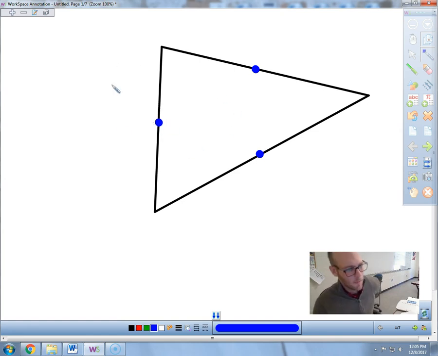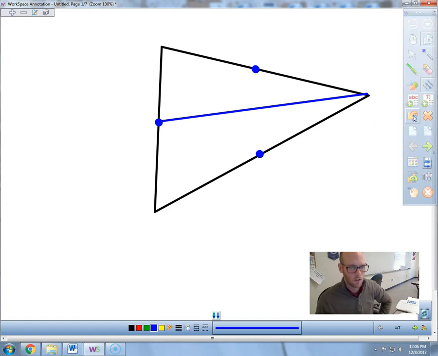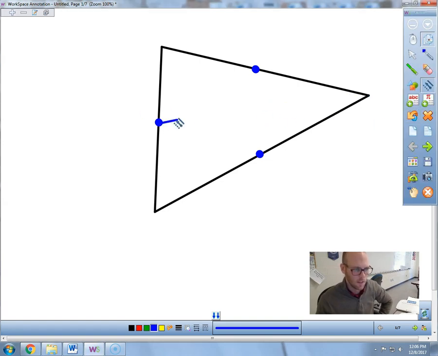So now that you have those markings, you're going to use your straight edge and draw a segment that goes from the midpoint to the opposite vertex. This is a new type of segment.